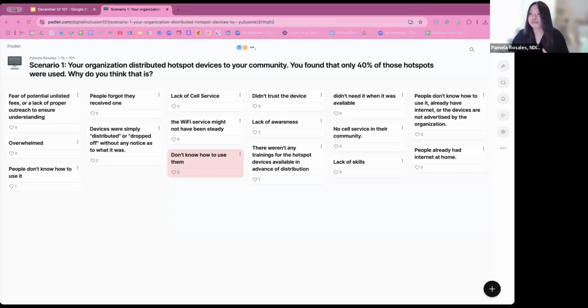There was no session. There might not be a digital navigator there to provide answers or support, or just somebody in the program to help alleviate some of the fears, to help trust that, hey, if you're going to use this hotspot, your data and your information isn't going to be leaked or anything like that.